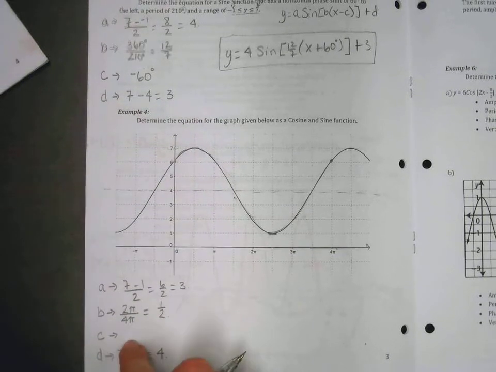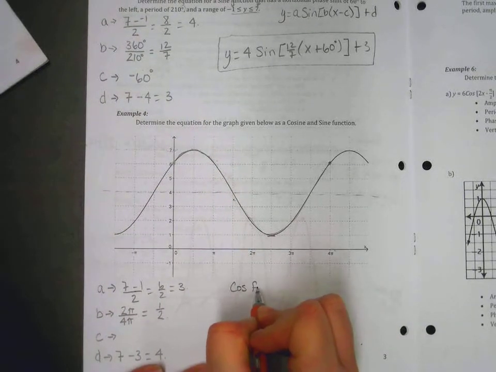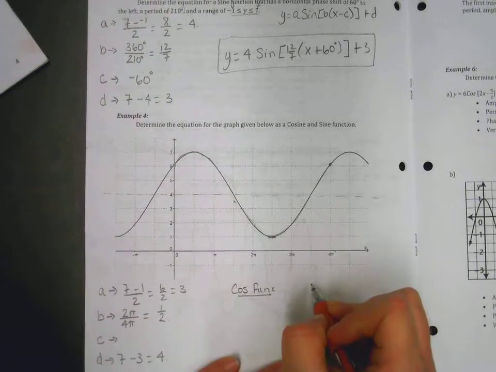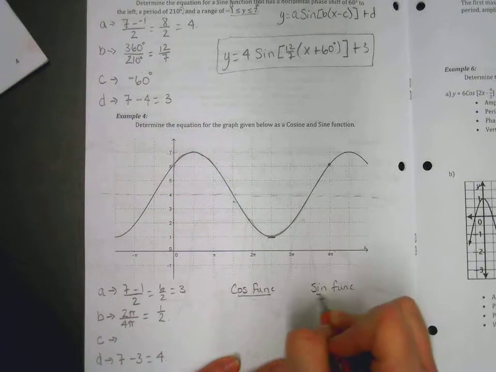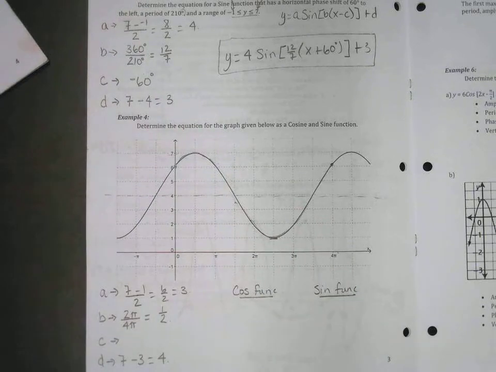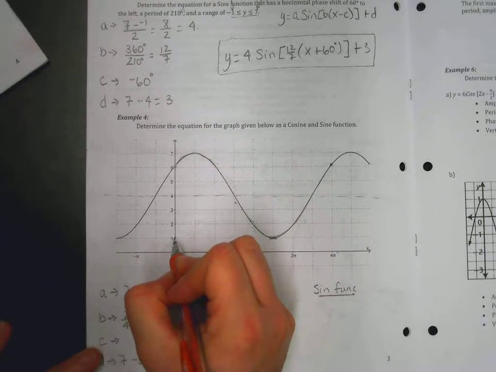All right, so the phase shift's a little tricky because depending on the function you're working with, it's going to be different. So the easier one is the cosine function. So what I want to imagine is I want to think about my original cosine function.